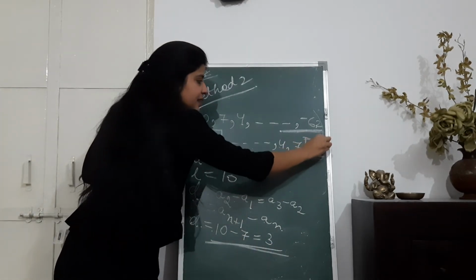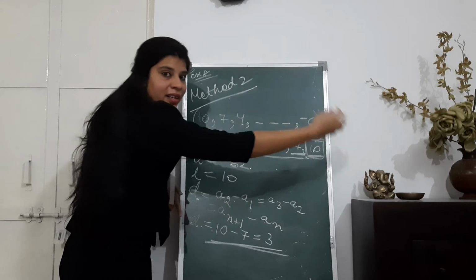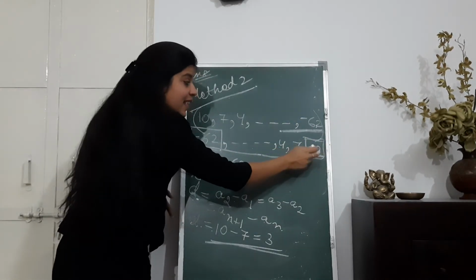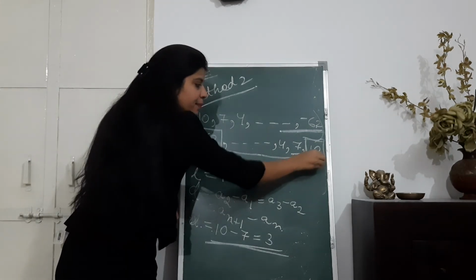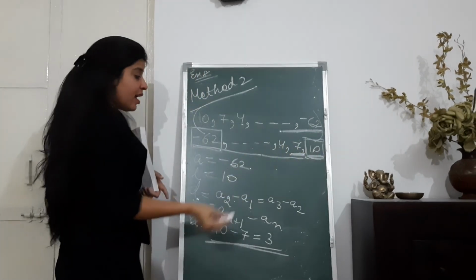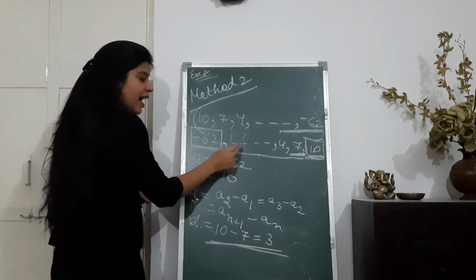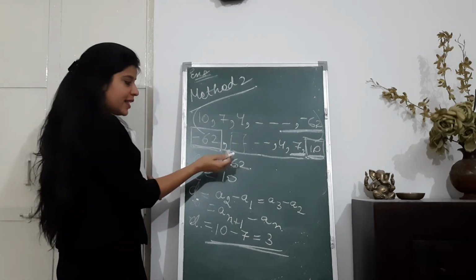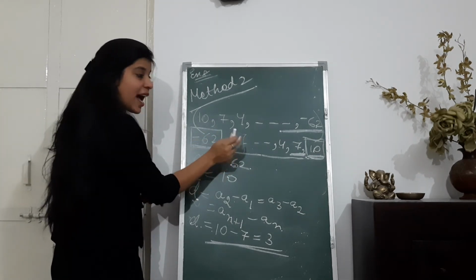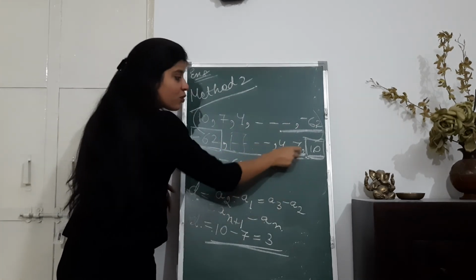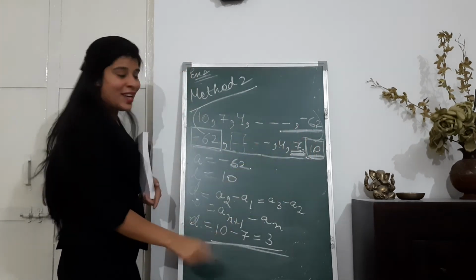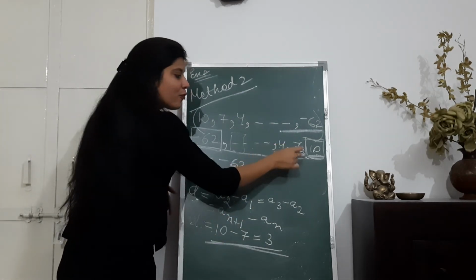See, because this is the higher nth term and this is the lower nth term. This is A(n+1) and this is A(n). If I would have known the term here, I would have subtracted this from this. But I don't know the term here, right? So what I have to do, I have to subtract this from this.